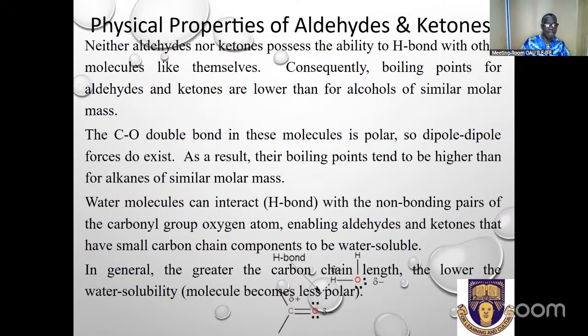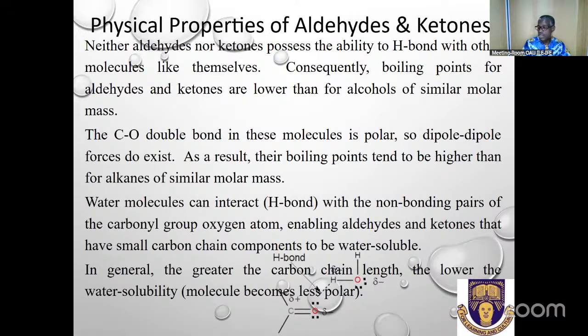In general, the greater the carbon chain length, the lower the water solubility, or better, the compound becomes less polar.